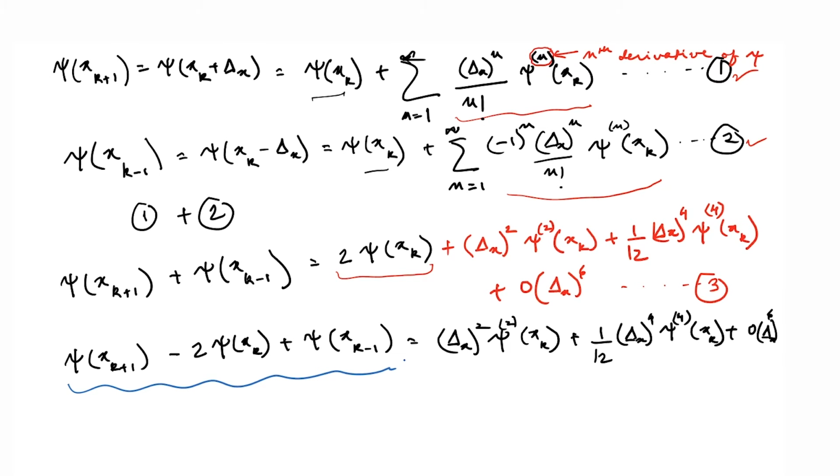So, this reminds me of one thing. This part is nothing but my delta 2 psi of x k, right. This is the central difference formula which we always use. So, using this, we can rewrite this equation in the following way.